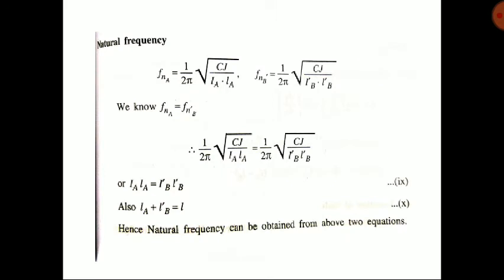Natural frequency Fna is equal to 1 by 2 pi into root of Cj by Ia into La. Similarly Fnb dash equals 1 by 2 pi into root of Cj by Ib dash into Lb dash, the equivalent shaft. And we know both frequencies are equal, Fna is equal to Fnb. So 1 by 2 pi into root of Cj by Ia La equals 1 by 2 pi into root of Cj by Ib dash Lb dash, or Ia La equals Lb dash Ib dash.